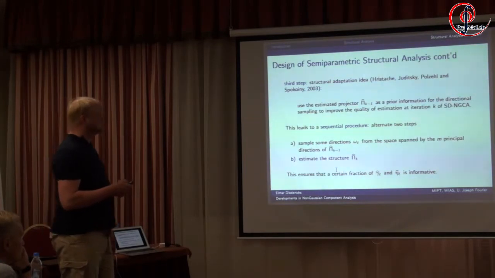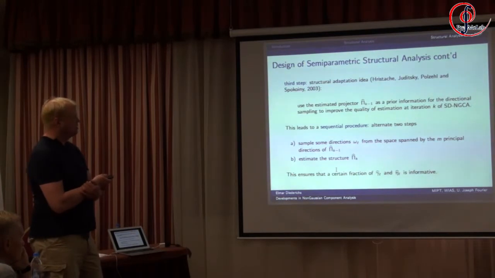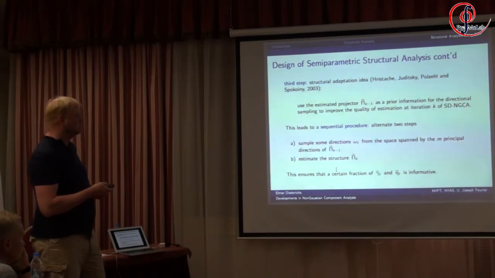But towards higher dimensions, it's absolutely necessary to make some kind of structural adaptation. So we make it in the following way. We have some estimation result in the k-1 iteration. This is our projector. And we use this projector as a priori information for the directional sampling to improve the quality of the projection of the next iteration.